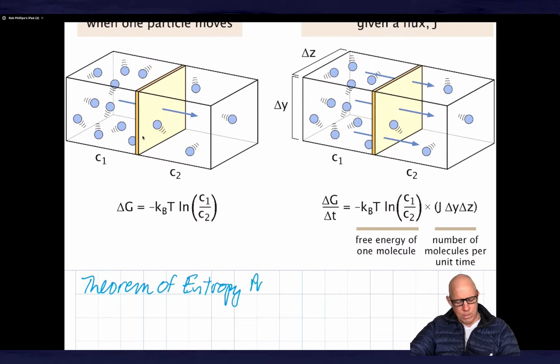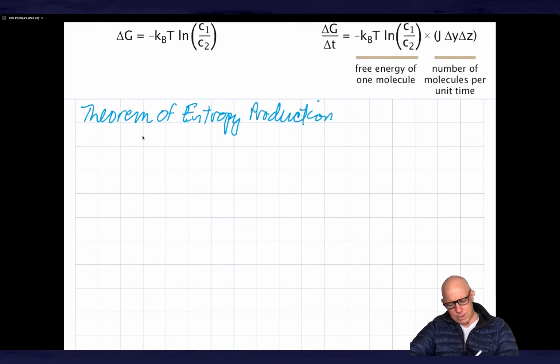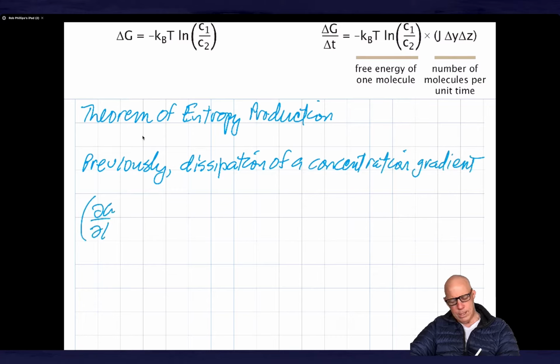And you'll recall that we already did this in the context of the motion of molecules down their concentration gradient. So, you know, the specific example we did previously, we had dissipation of a concentration gradient. And so in that case, dG by dt was really equal to minus T dS by dt.